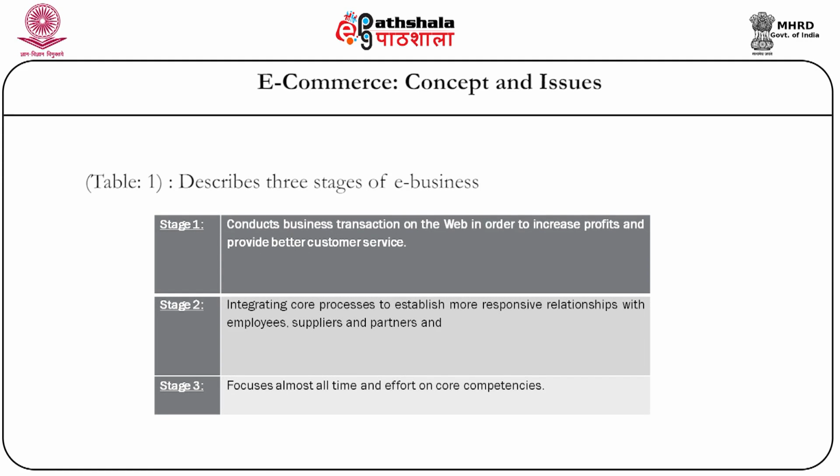Stage 1 conducts business transactions on the web in order to increase the profits and provide better customer service. Stage 2 is integrating core processes to establish more responsive relationships with employees, suppliers and partners. And stage 3 focuses almost all time and effort on core competencies.